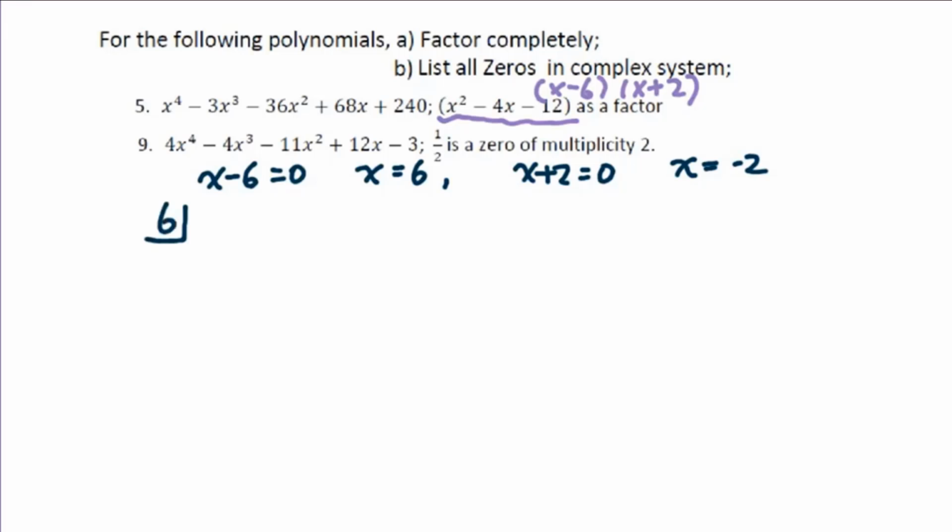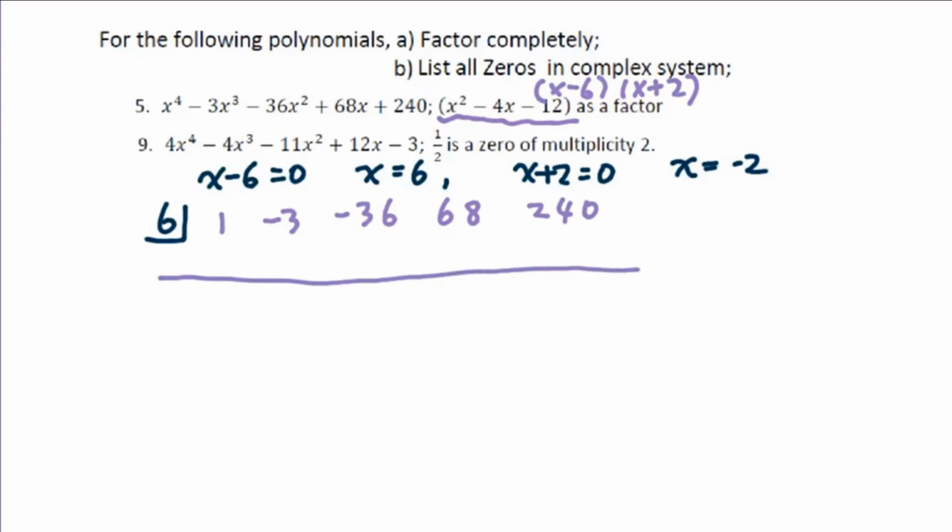We use 6 first and do the synthetic division. Check no missing power. We got 1, negative 3, negative 36, 68, 240. We get 1, 6, 3, 18, negative 18, 108, negative 40, negative 240, and we got 0.